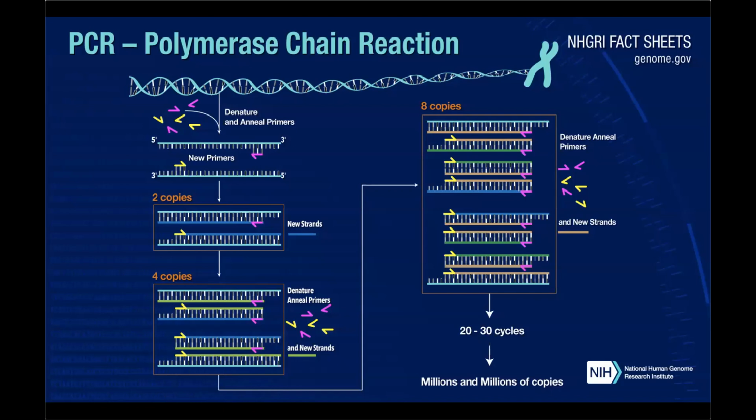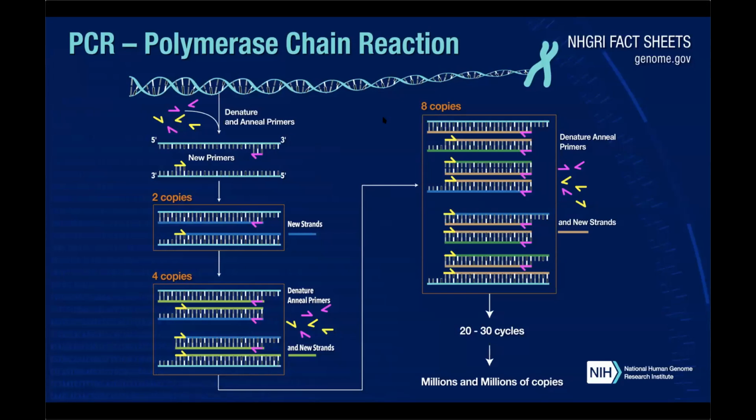So PCR, again, is a foundational technique that allows you to amplify, meaning make lots and lots of identical or nearly identical copies of whatever it is that you're trying to amplify. So you start with a very small number of input DNA molecules, and then you have to selectively copy them.